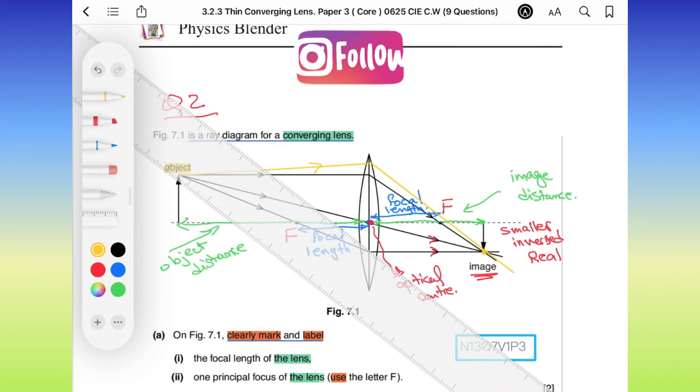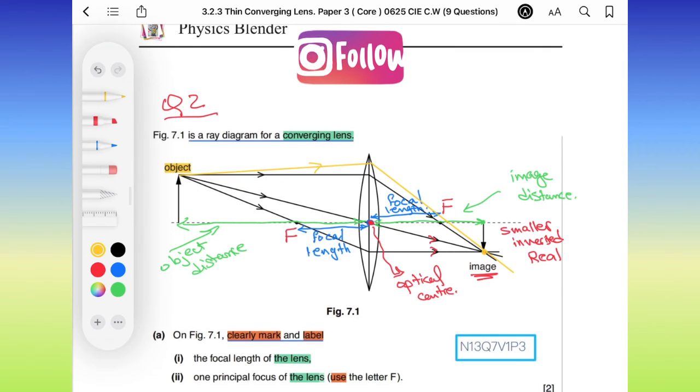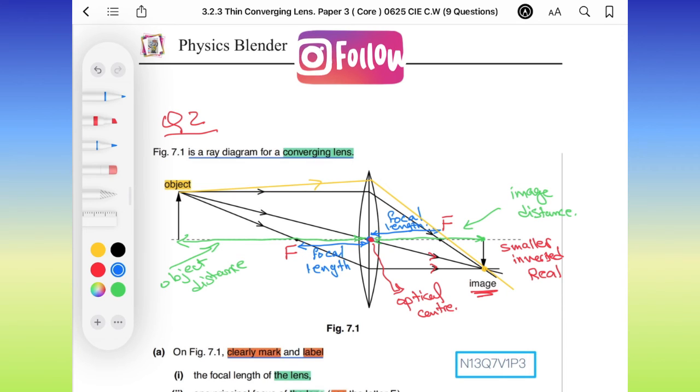Follow the instructions and draw it from the top. So this is an extra ray, and the 3 rays you have in the diagram are the 3 standard rays. If you check the paper 1 classwork, you will find the 3 standard rays, which I explained in detail.